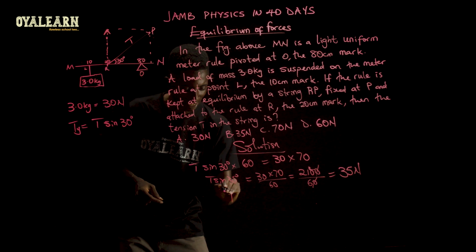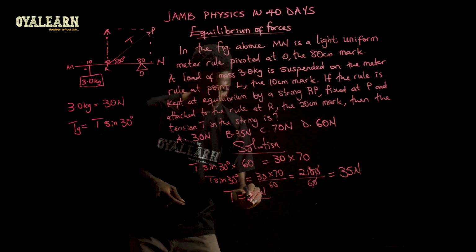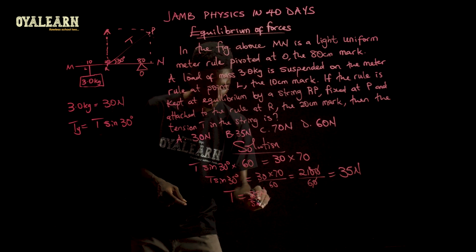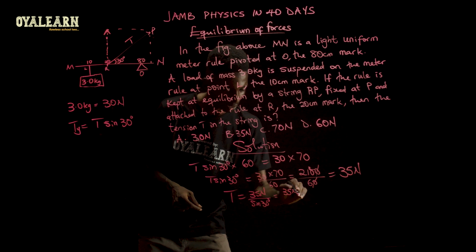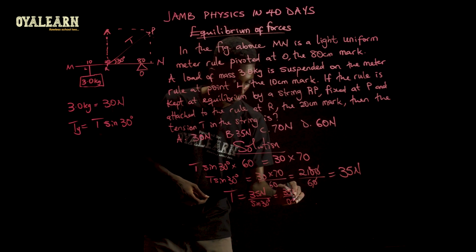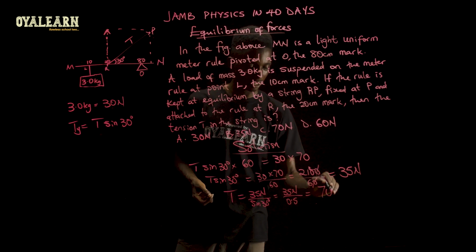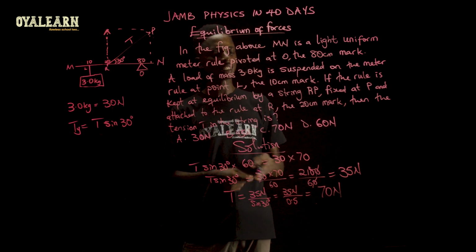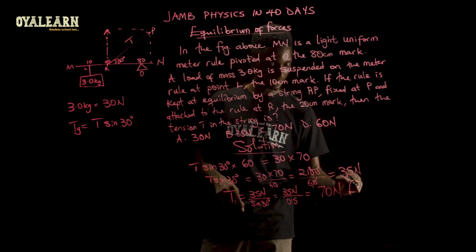Which implies that the tension T would then be 35 newtons divided by sine 30. Sine 30 is 0.5, and of course, 35 divided by 0.5 will give you 70. So we have 70 newtons. So from the options, the correct one is option C.